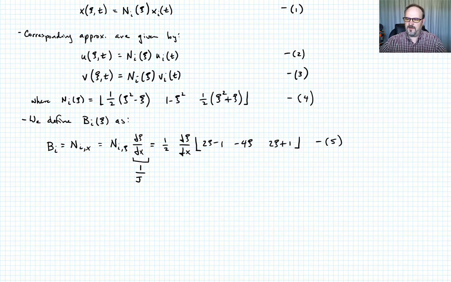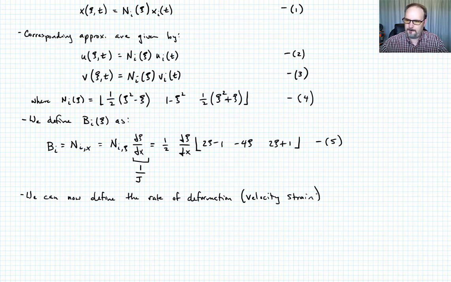So now we can define the rate of deformation, or the velocity strain. We define that as d, subscript c, and now I'm going to subscript it with a little x, as the quantity Ni comma x, vi, where vi were the nodal velocities, and I wrote that as Bi vi.